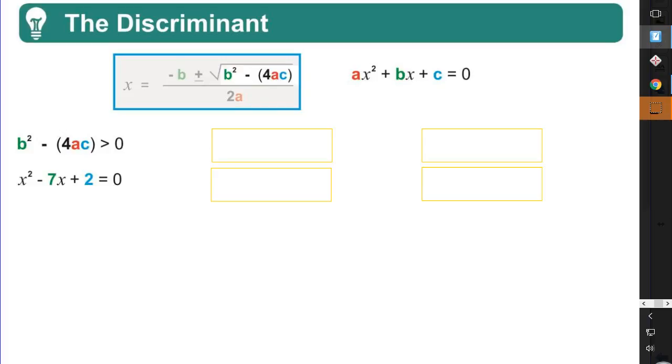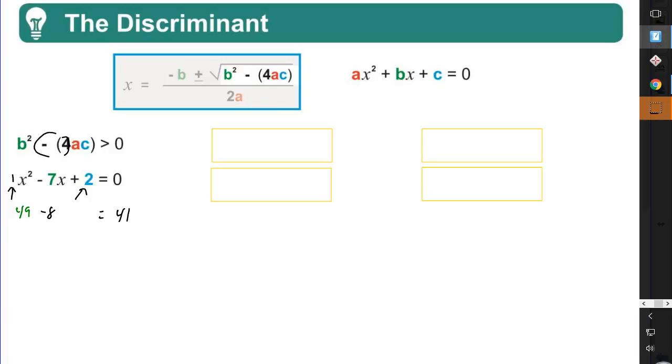Here's an example. b is -7, and -7 squared is 49. So there's b squared, and then -4 times a, which is 1, so that's -4 times 1 is -4, times c, which is +2, so -4 times 2 is -8, and the value of the discriminant is 41.